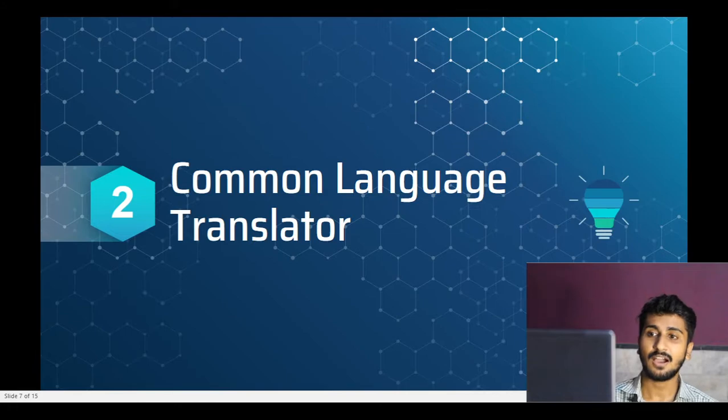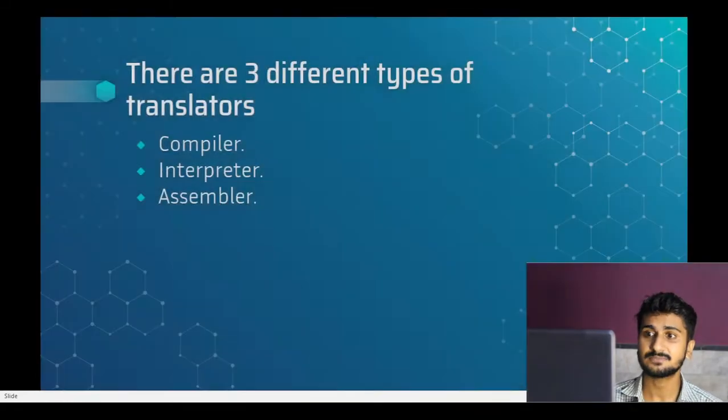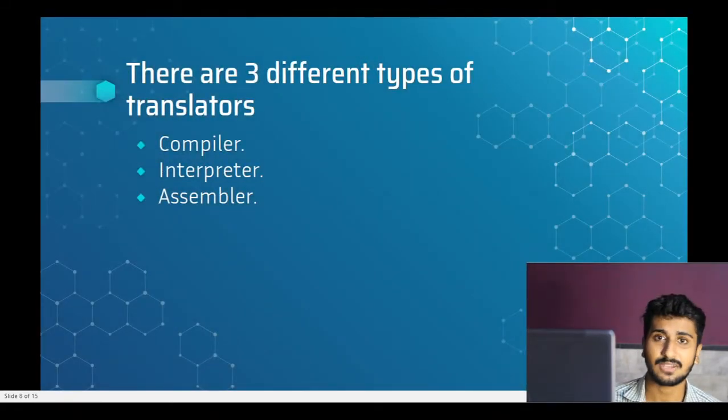So after that, common language translators. What are common language translators? There are three types: number one, compiler, number two, interpreter, and number three, assembler. So, what is the difference between these three? Number one, compiler.